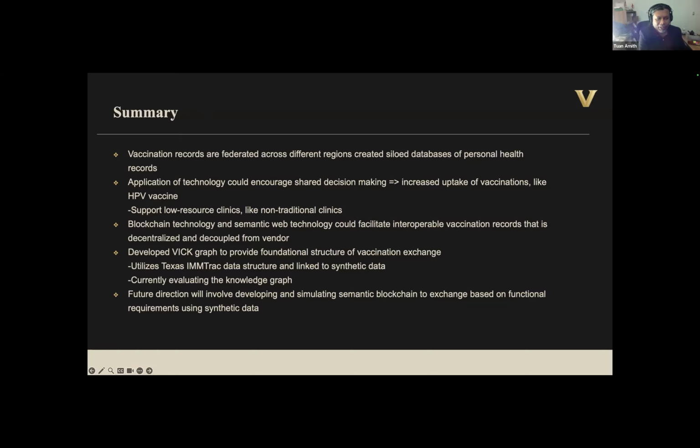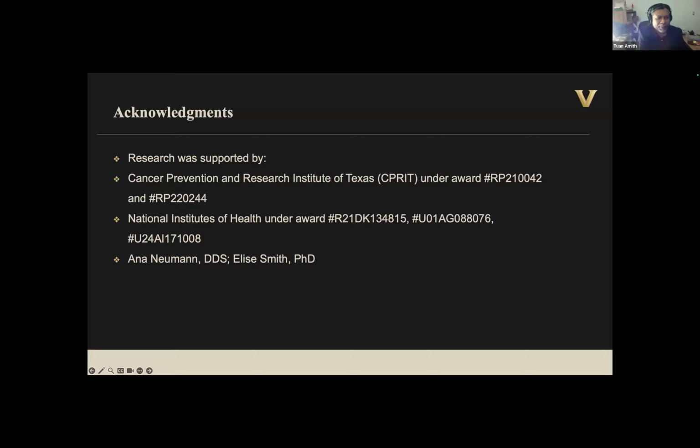Kevin developed the data structure and also created the synthetic data that we'll eventually use for the future projects. Currently we're evaluating the knowledge graph with subject matter experts. The future direction would be developing the semantic blockchain using Vic and assessing the functional requirements that we discussed earlier, and using the synthetic data. So that brings me to the end.